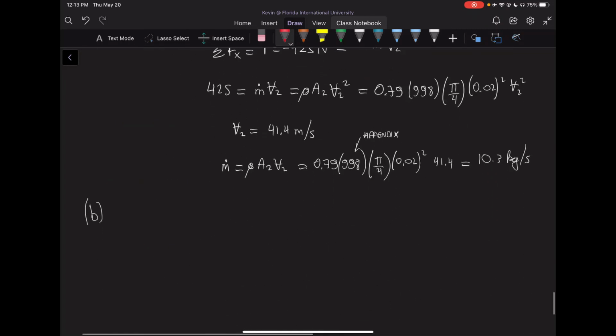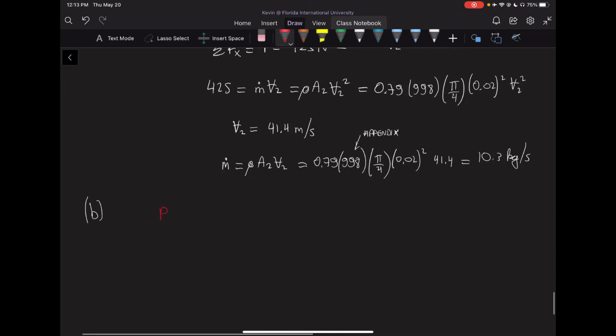So the first thing we can say is that at P2 we have pressure atmosphere, which is equal to 101,000 pascals. And from there, we're going to assume that we have frictionless flow to find the pressure.